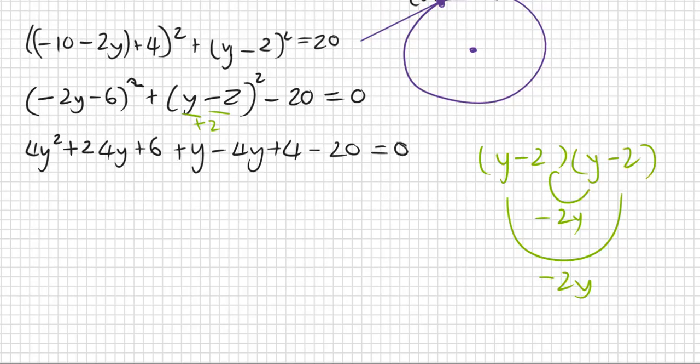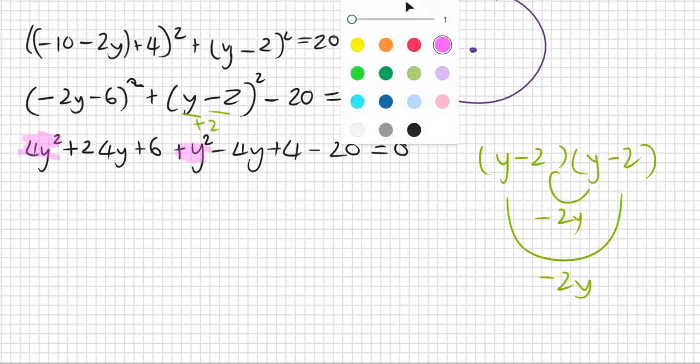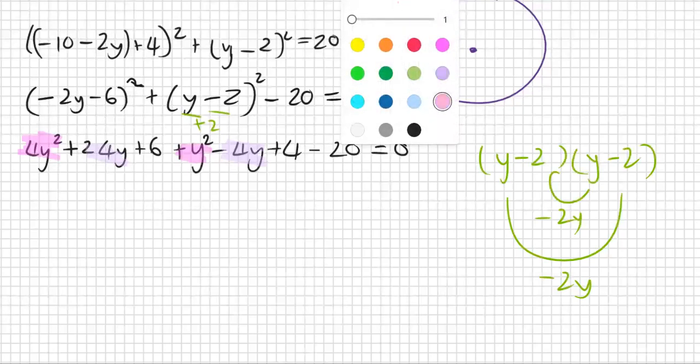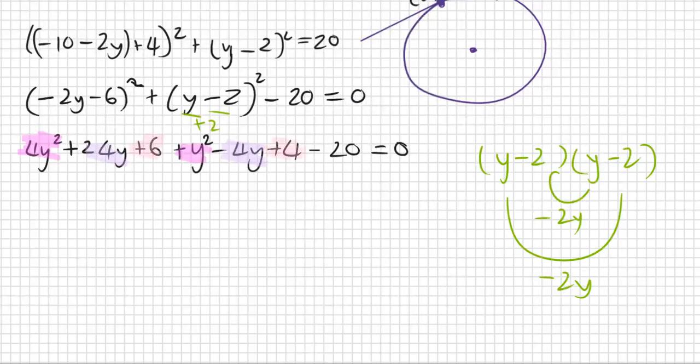Any like terms? These were y squared terms? Yes. Y terms? Yes. And constant terms? Yes. Let's add those up. So we have 4 plus 1 is 5y squared. 24 minus 4 is 20y.